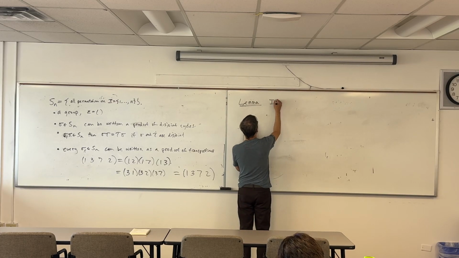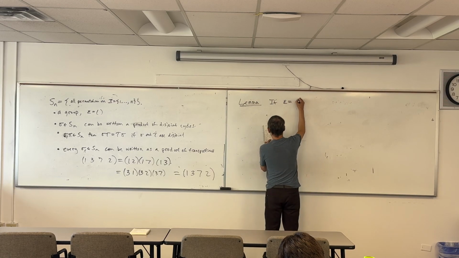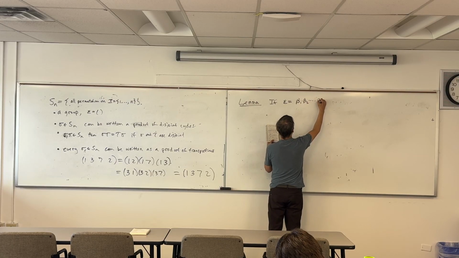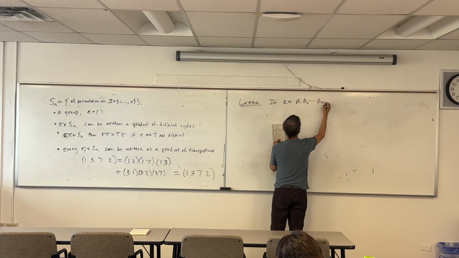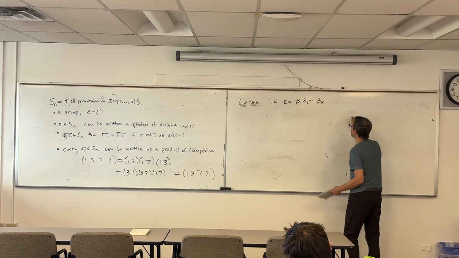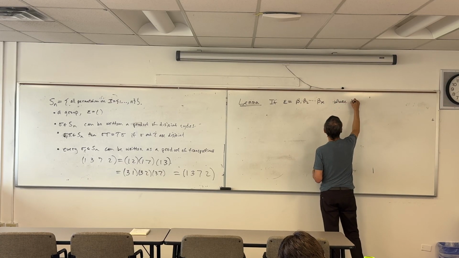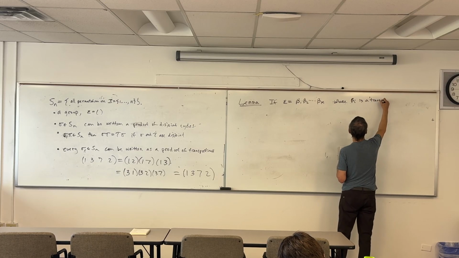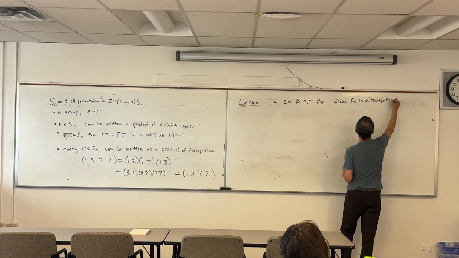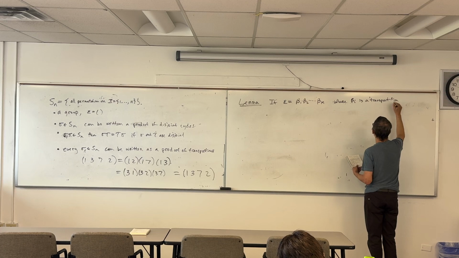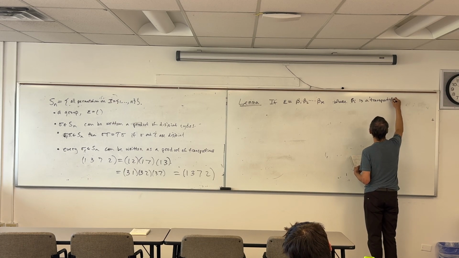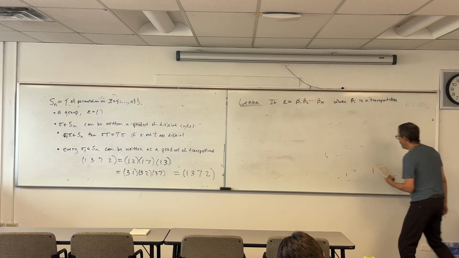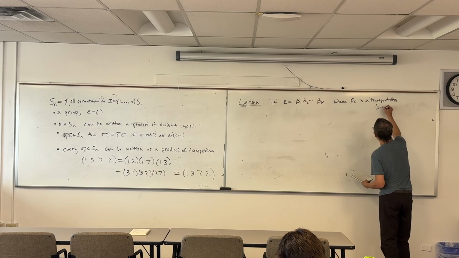Lemma: if the identity is the product of transpositions beta 1 through beta k, where each beta i is a transposition, and another word for transposition is 2-cycle.